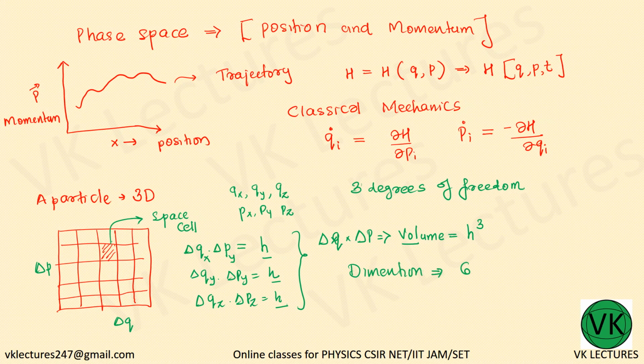The dimension is 6 because you have qx, qy, qz for one particle. How many dimensions do you need? For one particle, there is qx, qy, qz, and similarly there is px, py, and pz. So for one particle, you require 6 dimensions in 3D space.